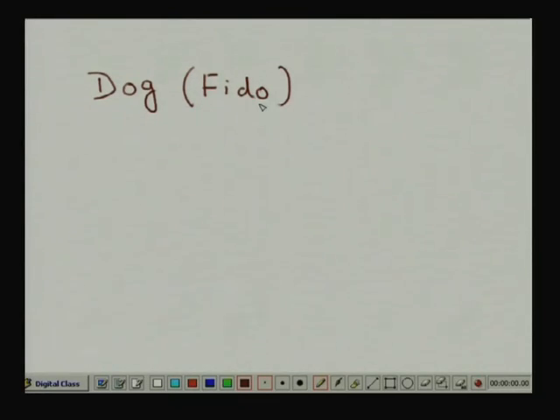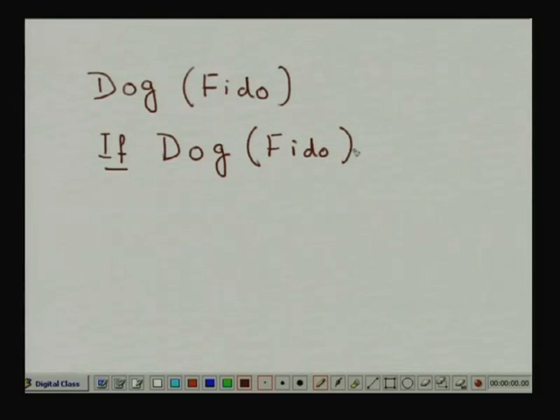Dogs have 4 legs, and I am writing this in propositional form: if dog Fido, then Fido has 4 legs.